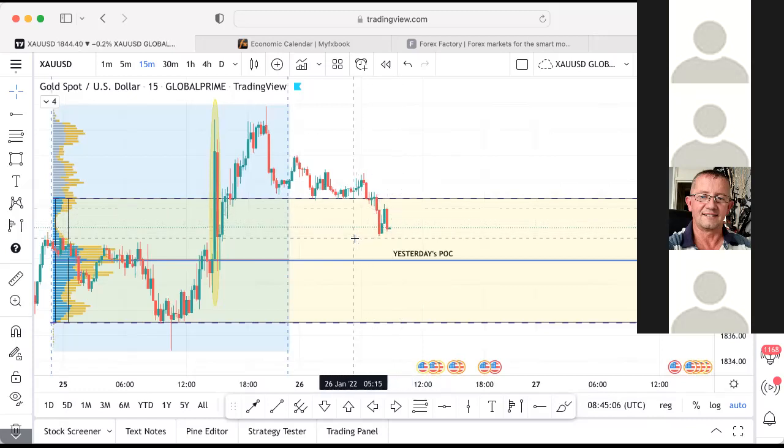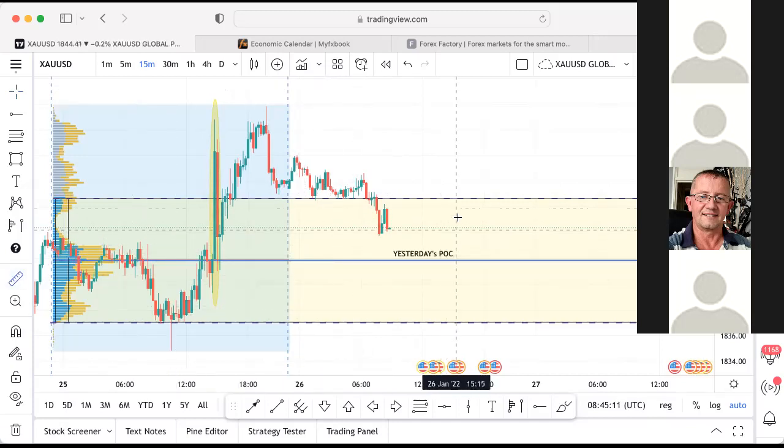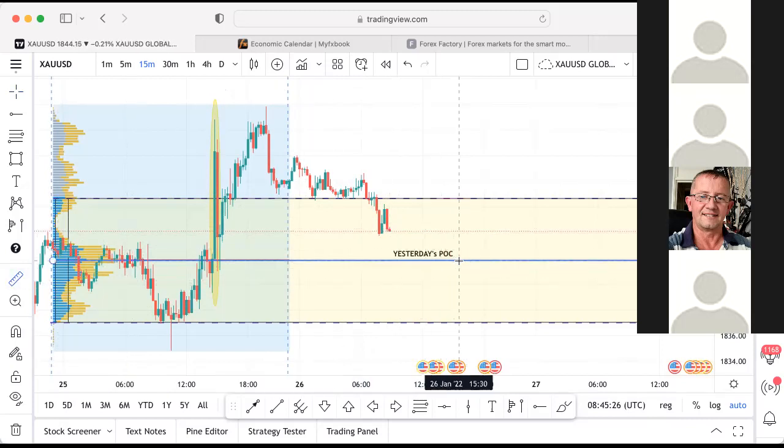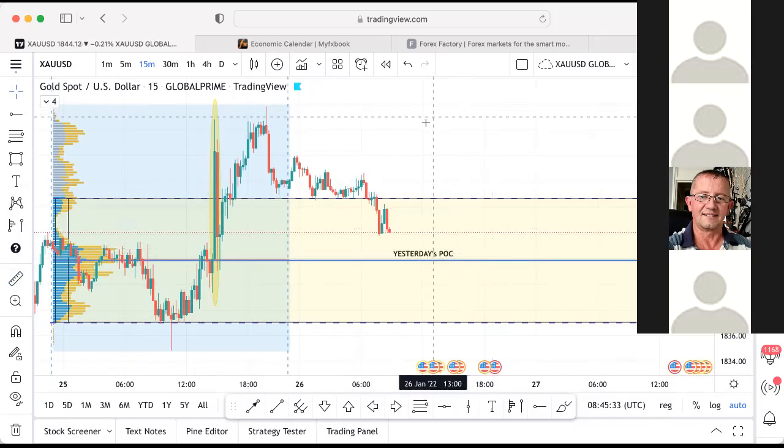Just as a matter of scale, from the top of the value area down to the point of control, there's actually 47 pips to be had. And the area down to the bottom is a similar 47 pips. So you've got quite a few pips to be had, even if you stay within that value area.